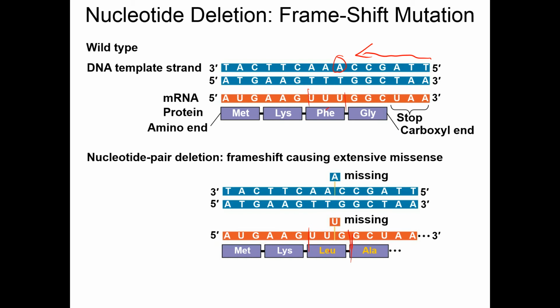Instead of GGC, you get GCU, alanine instead of glycine. So you get a totally different sequence of amino acids when you start shifting the reading frame, either adding nucleotides or removing them.